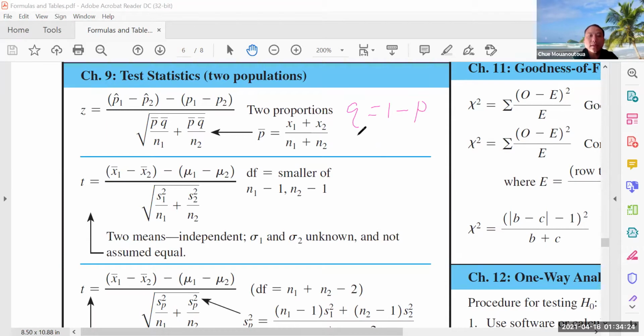So Q bar will be 1 minus P bar. Okay, so you see the trend. Q hat is 1 minus P hat. These are the trends that you saw already.